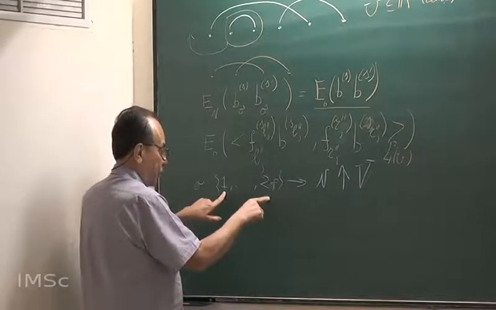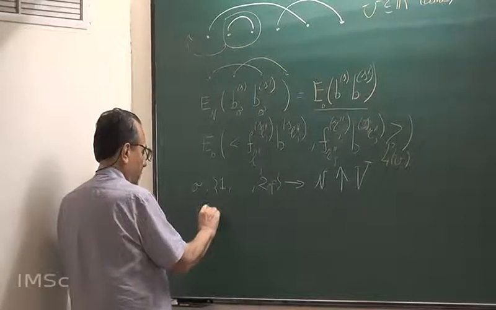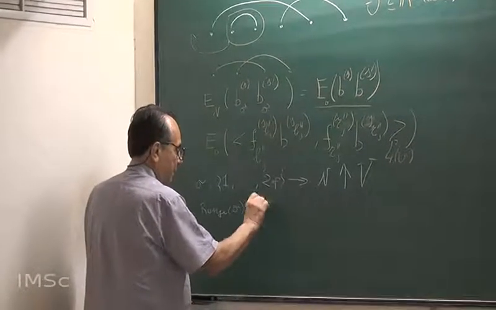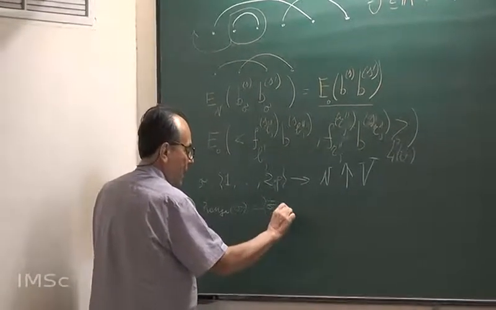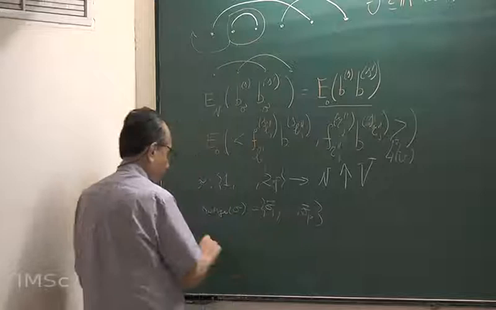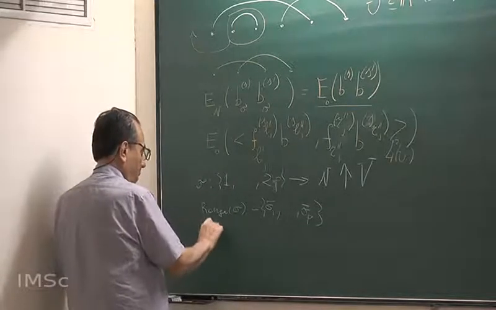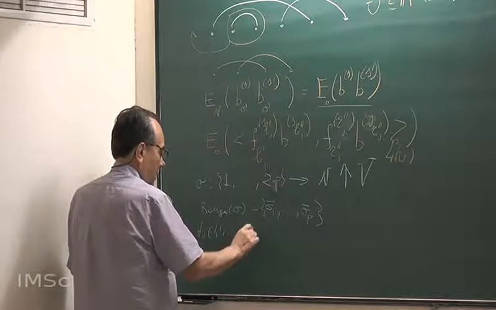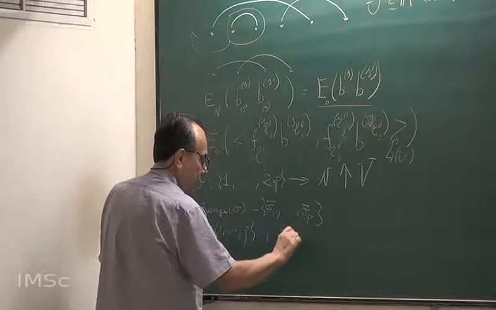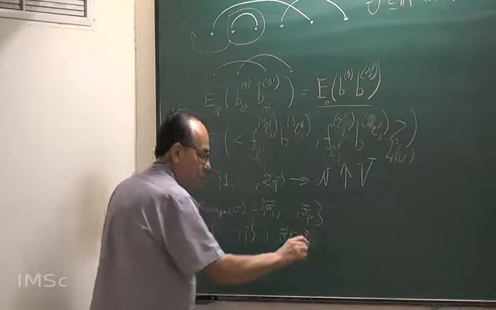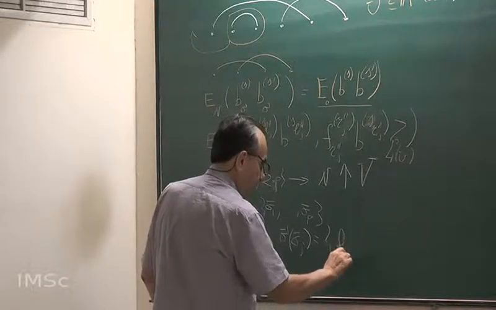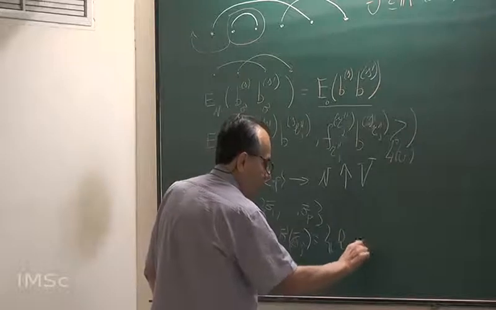Sigma is a pair partition, so the range of sigma is some set sigma bar 1, sigma bar p, and for each j in 1 to p, the pair is sigma minus 1 of sigma bar j, which is what we call the left index of the pair partition and the right index of the pair partition.